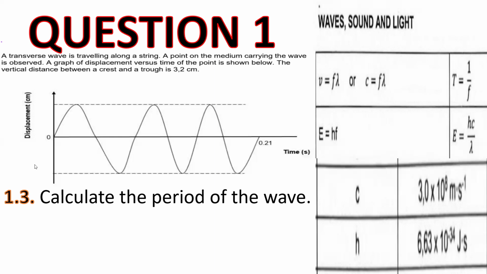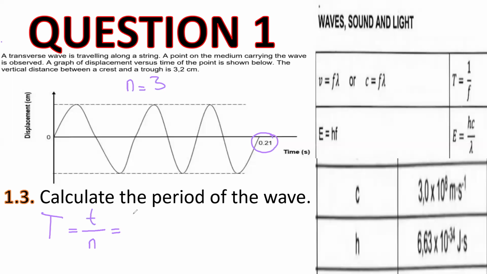Let's calculate. First of all, what we know, how many waves we have in question 1.1, we done already. We know n equals 3 waves, 3 cycles. And then your time is 0.21 seconds. We can calculate period: period equals total time for all waves together, divided by number of waves.